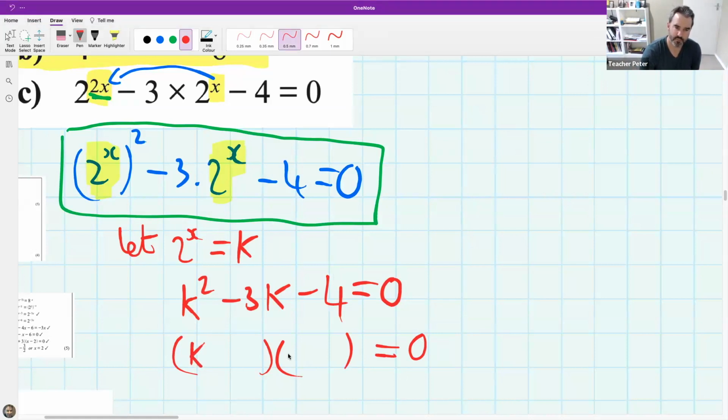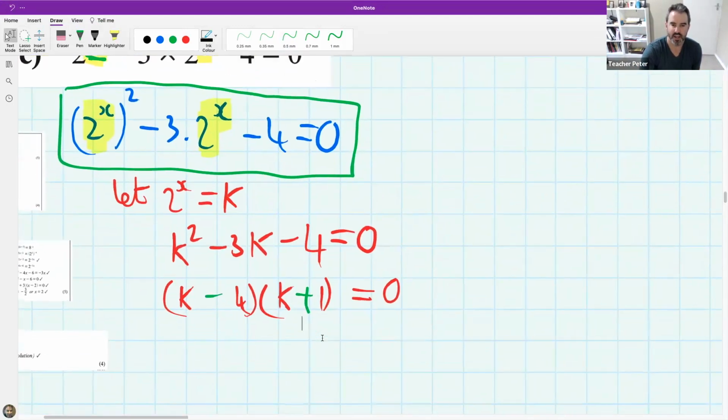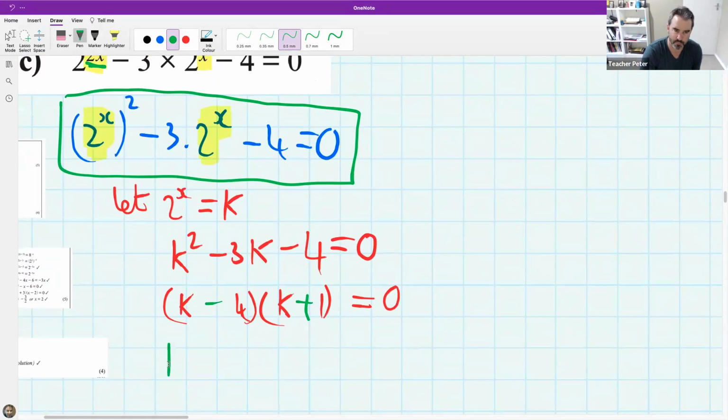Kind of feel like this must be k, that must be k, that must be 4, that must be 1. And so I think this must be minus and this must be plus. And then you can do the extra brackets, but we can basically see k is 4 or k is minus 1.